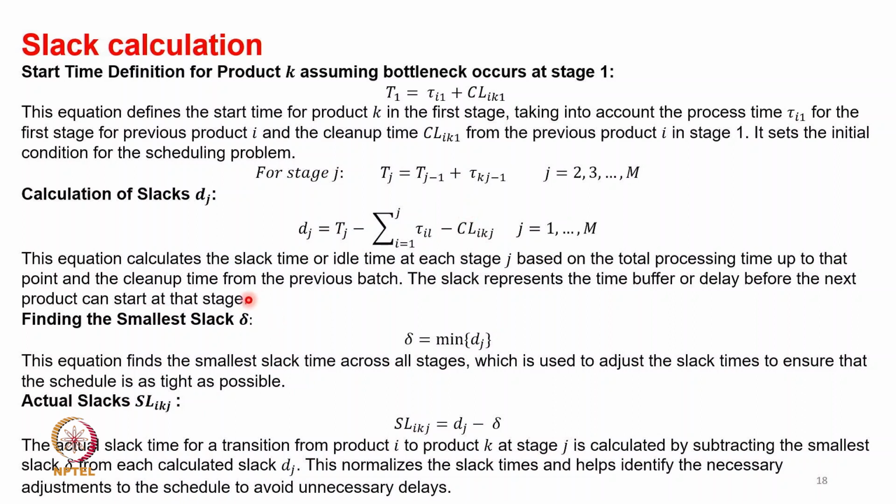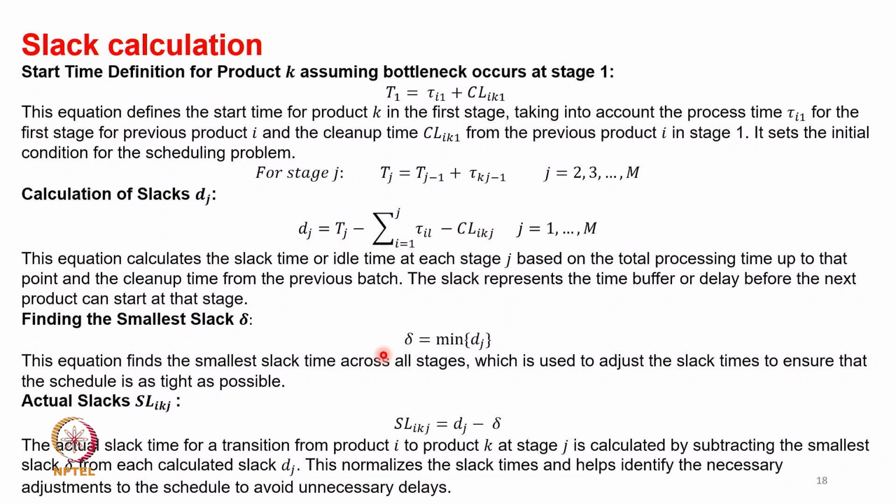And how to find the smallest amount of slack? You would see that there would be slack that happens in every stage. When you have such multiple D values computed for the various stages of M, the minimum slack would be delta, which is the min of D_j, and what we call SLK, which is the actual slack.